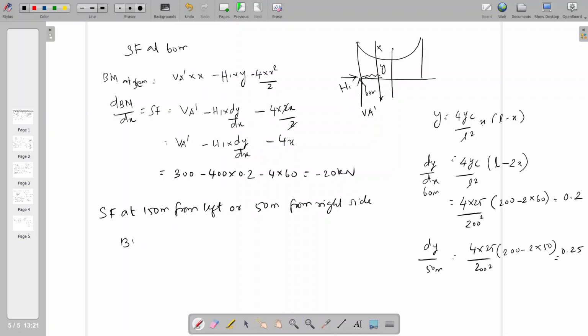The bending moment equation here, 50 meter from right, for some distance x is minus VB into x plus H1 into y. If you differentiate the bending moment equation with respect to x, it is minus VB plus H1 into dy by dx, which you can also replace as tan theta.